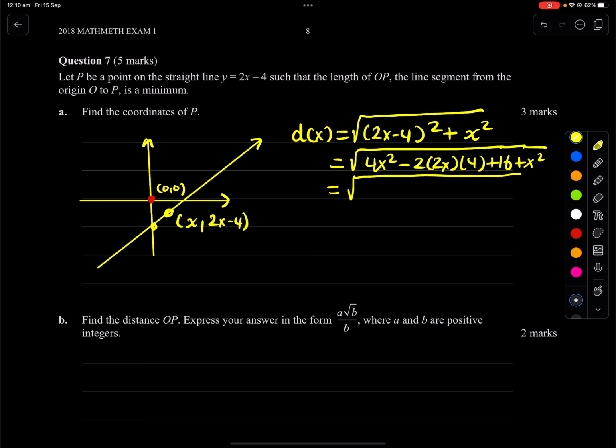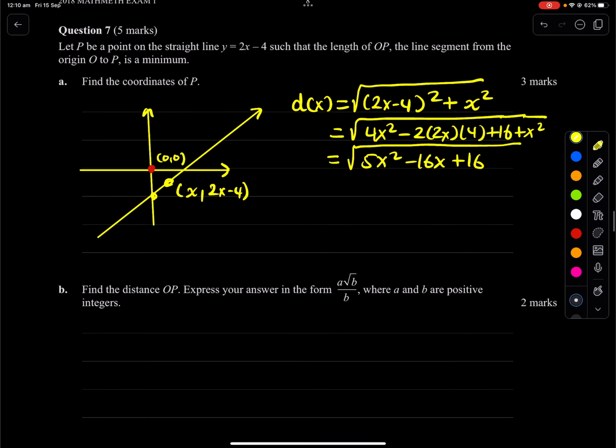We're nearly done, so 5x squared minus 16x plus 16. Okay, so that's d of x, and so d dash of x.